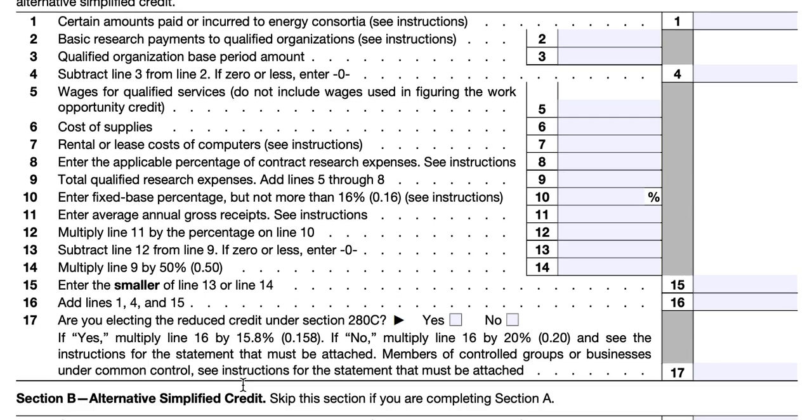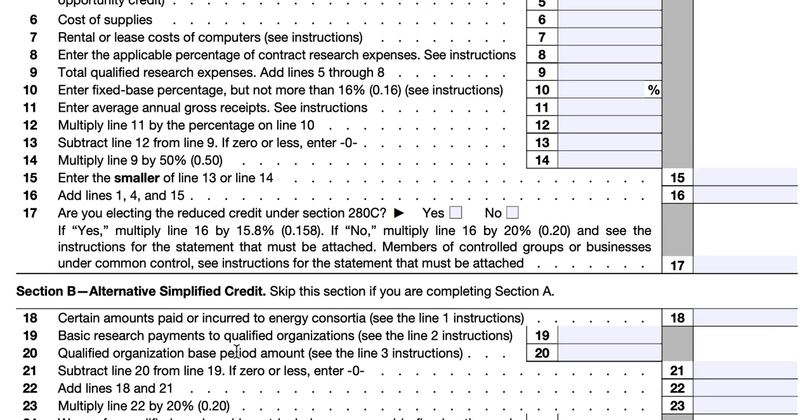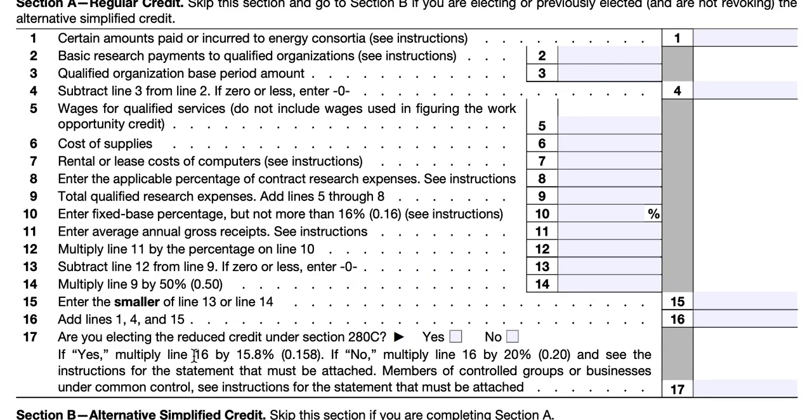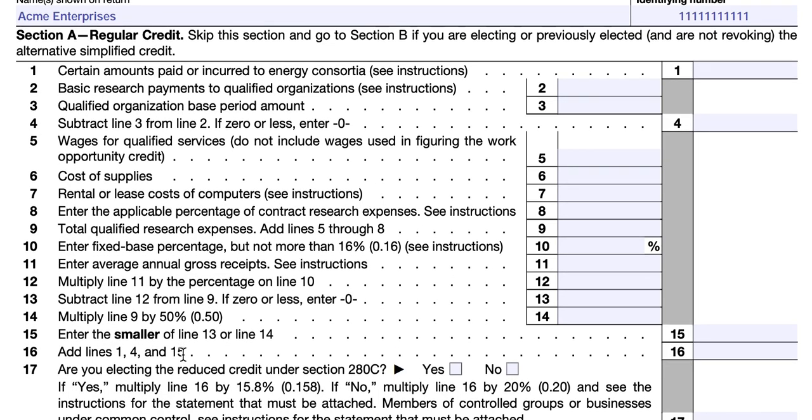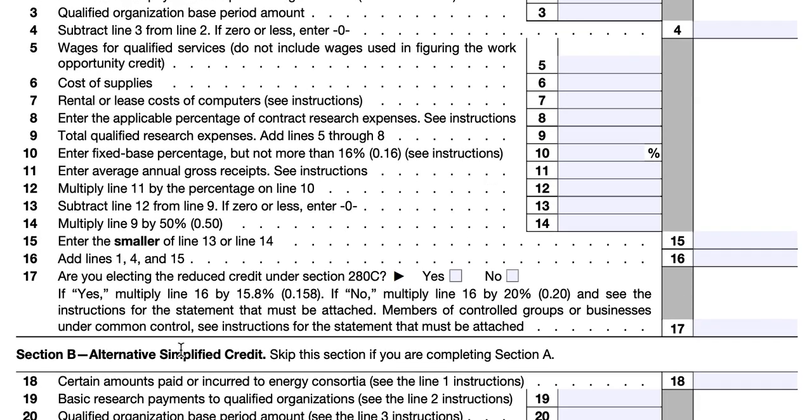So if you choose Section B to calculate the alternative simplified credit, then you generally should remain with Section B unless you specifically choose to revoke that election. So what you won't do, you won't fill out section A and section B. You will do either one or the other. And if you've already chosen section B in a previous tax year, then you'll need to revoke that.